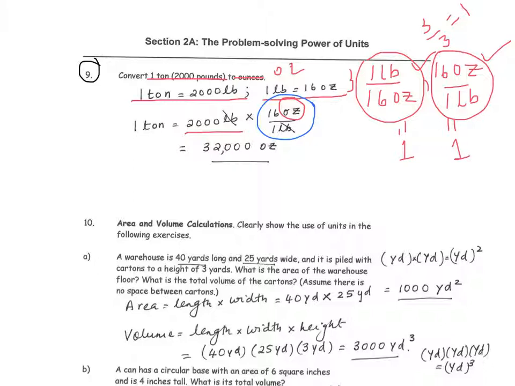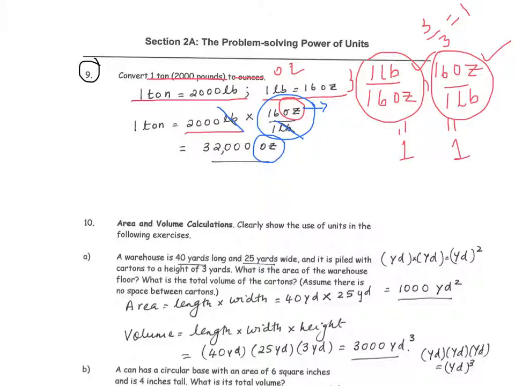So the minute we multiply 2000 pounds with 16 ounces over 1 pound, notice that the pounds cancels with the pounds. The units, ounces, OZ in the numerator survives. So that becomes our final unit.